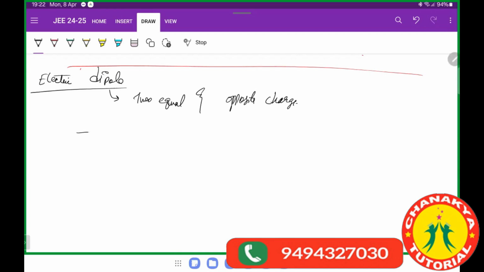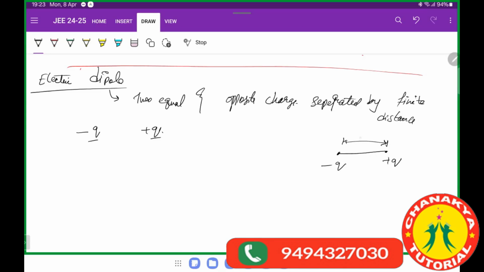Equal means the magnitudes are equal, plus Q and minus Q. Opposite means plus and minus, separated by some distance, not infinite, some finite distance. So equal and opposite charges separated by a distance is called a dipole.